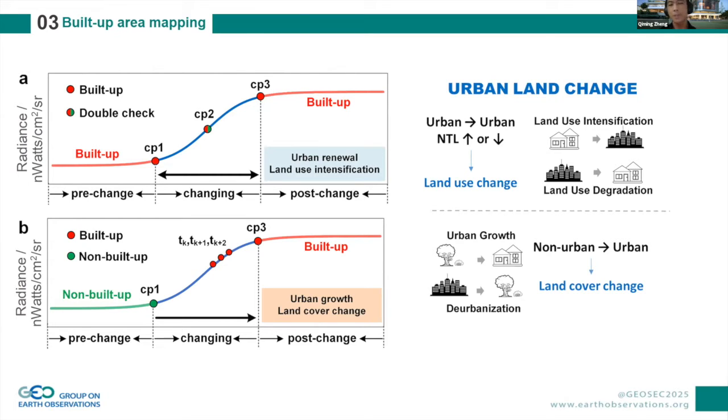For example, if the nighttime light intensity of a pixel is increased or decreased significantly while its land cover remains unchanged, we categorize this pixel into either urban land use intensification or urban land use degradation. Or if the land cover of this pixel is changed, for example from non-urban to urban, we categorize this pixel into urban growth or deurbanization.